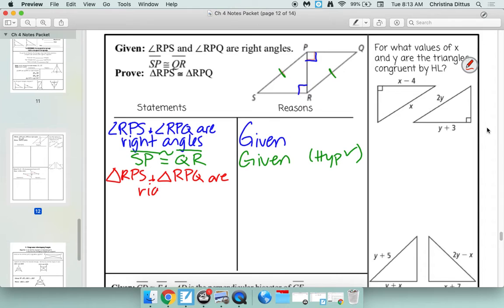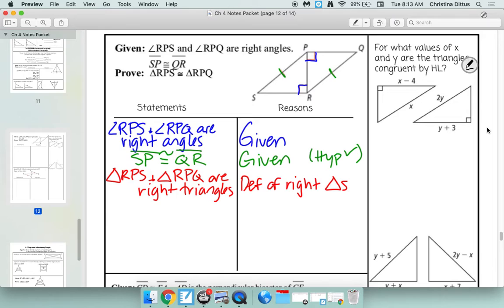What do you think I'm going to write instead of angles? Triangles. And we're just going to call that definition of right triangles. Because if I have a right angle, then I'm also a right triangle. Like I said, I know it sounds silly, but sometimes you gotta jump through silly hoops.